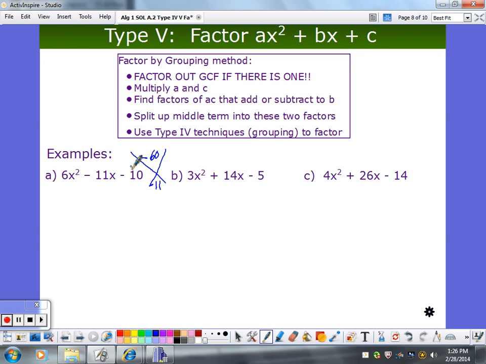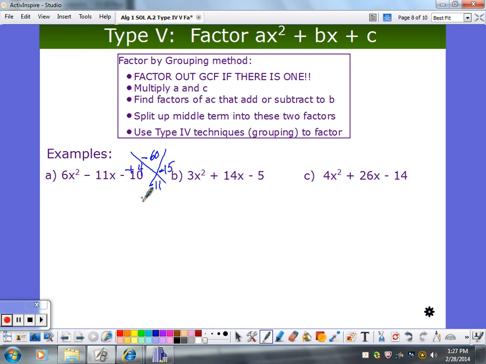This is negative, so I got a plus minus, right? What two numbers that are factors of 60 subtract to make 11? 10 and 6, no one doesn't work. 15 times 4. Who's positive?